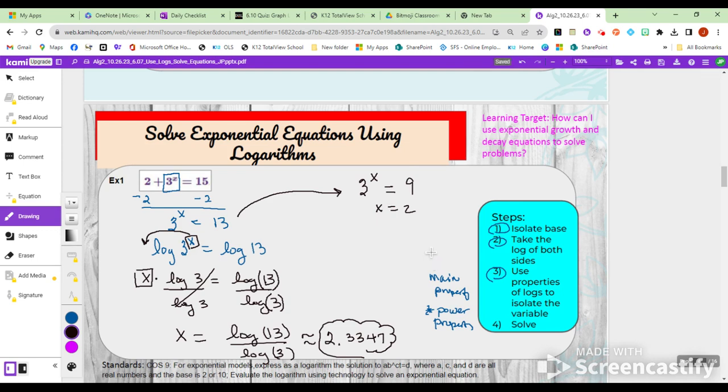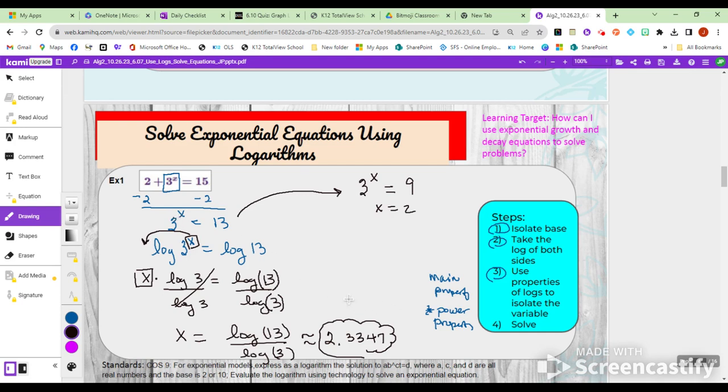So back in 7th grade, 8th grade, Algebra 1, when we were solving exponential equations, we were looking for exponents that were whole numbers. But in this problem, this says 3 to what power is equal to 13. So I just can't come up with what that power is, because that power is going to be a decimal.